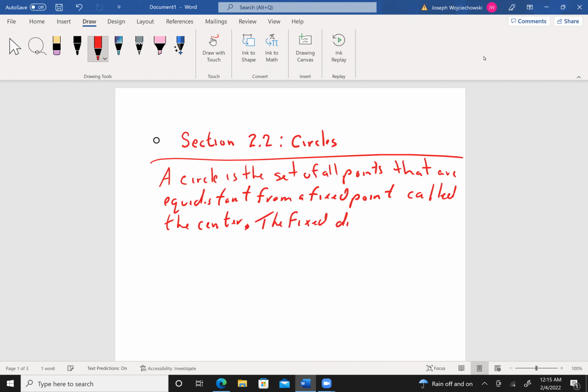The fixed distance from any point on the circle to the center is called the radius.